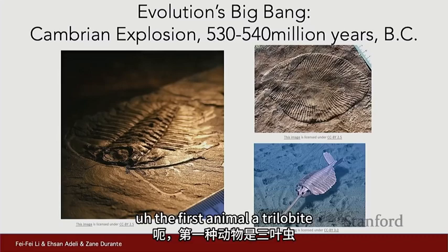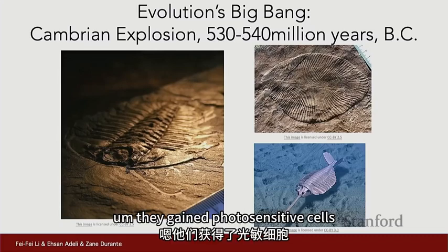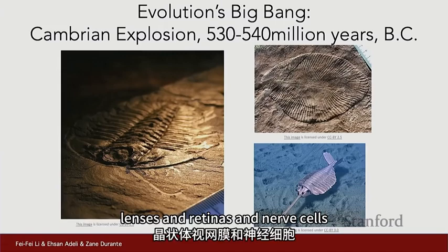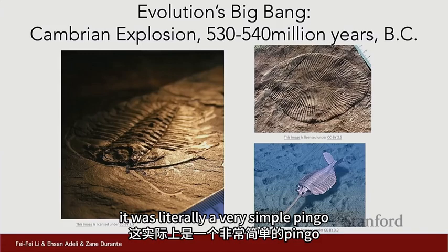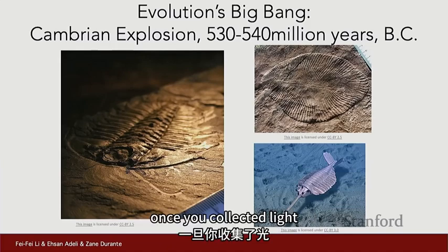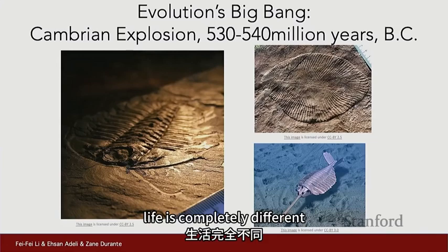The first animal, a trilobite, gained photosensitive cells. So the eyes we were talking about were not sophisticated lenses and retinas and nerve cells. It was literally a very simple pinhole. And that pinhole collected light. Once you collected light, life is completely different.